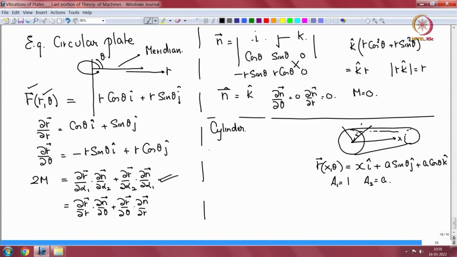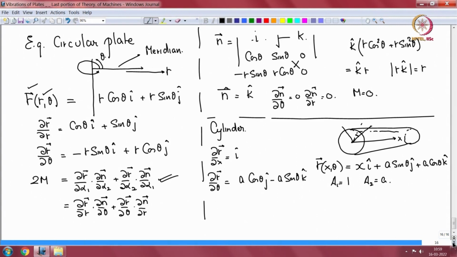So I need to look at del r by del x, which is equal to i, then del r by del theta, which is equal to a cos theta j minus a sin theta k. That is one part.